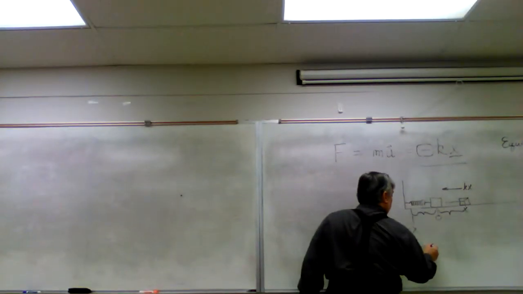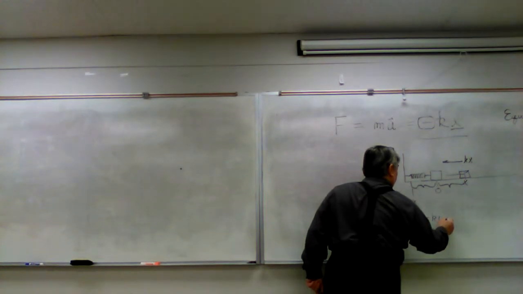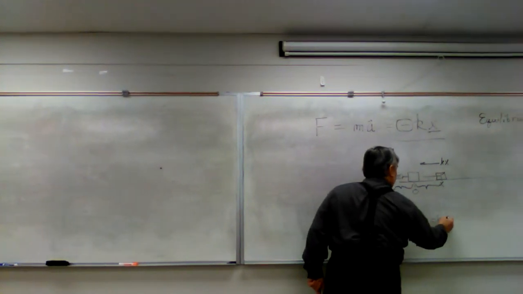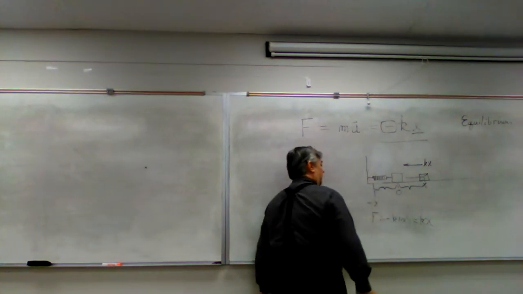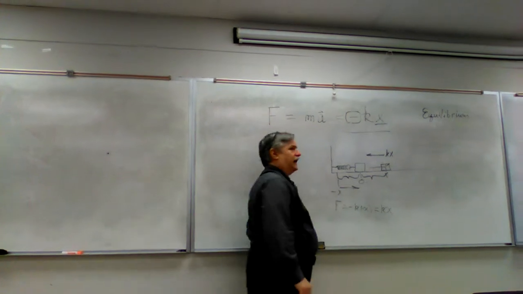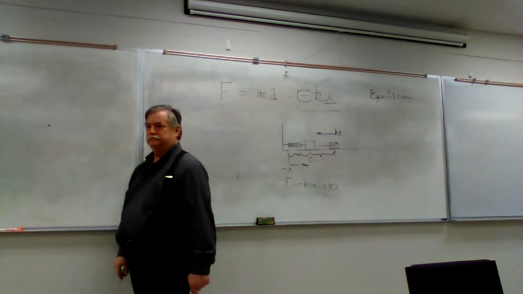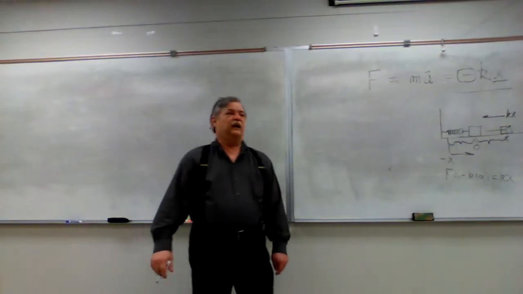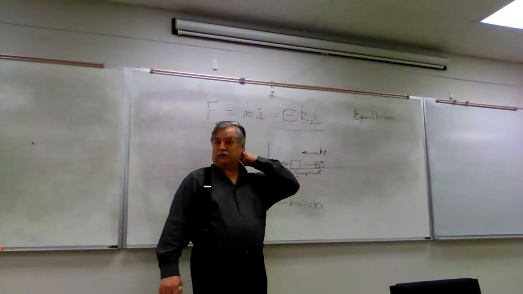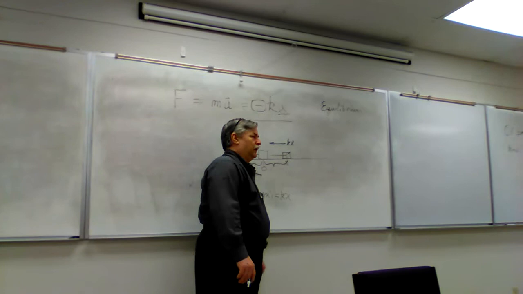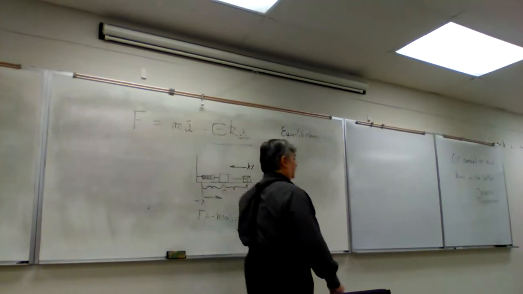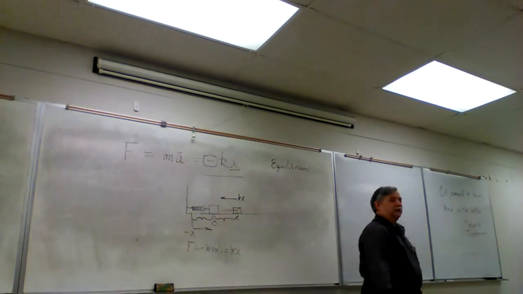Force equals minus K times a negative X, which will be a positive K times X, meaning it's going to push the box back towards equilibrium. And this is the sign convention that we will use when we describe simple harmonic motion. So I say that negative sign is what makes it all work.